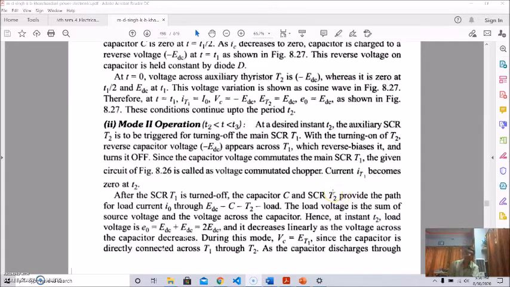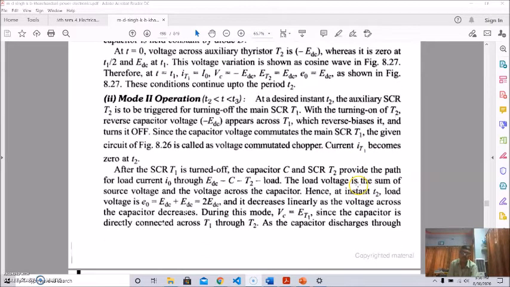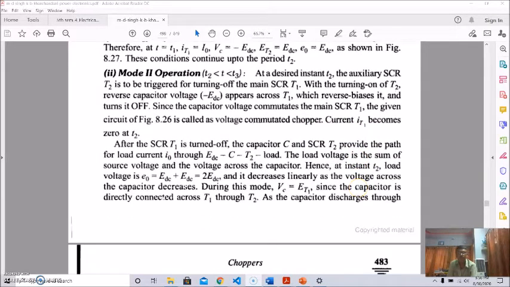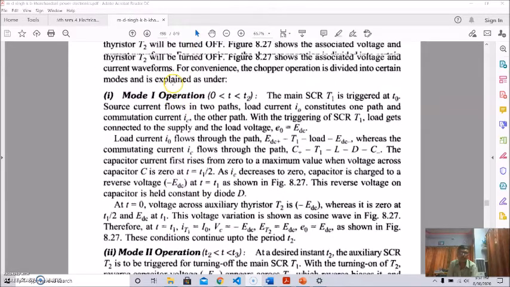Since the capacitor voltage commutates the main SCR T1, the circuit in this figure is called the voltage commutated chopper, and current IT1 becomes 0 at T2. After SCR T1 is turned off, the capacitor C and SCR T2 provide the path for current I0 through EDC, C, T2, load.